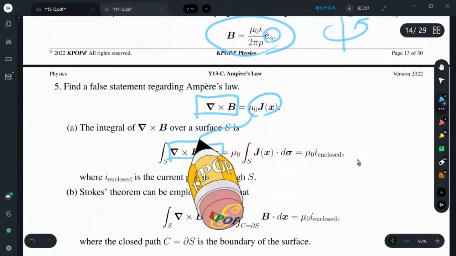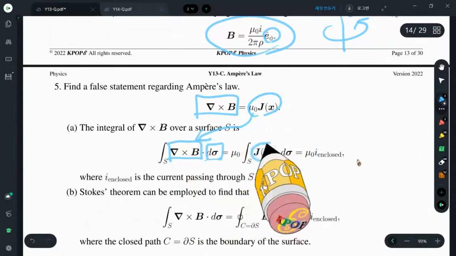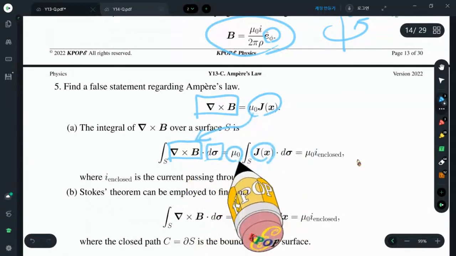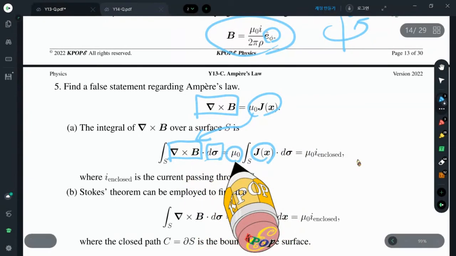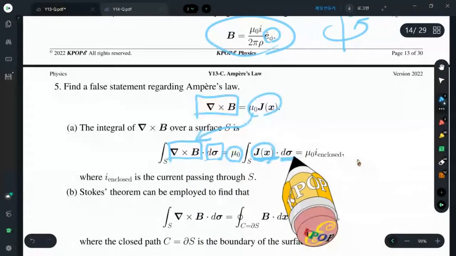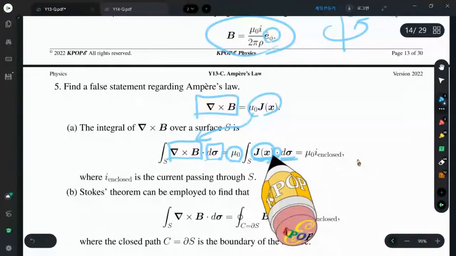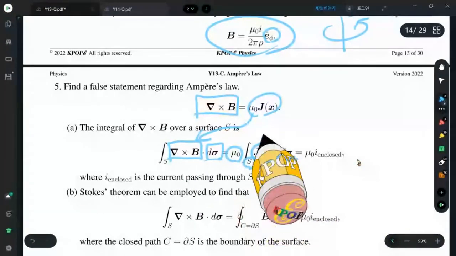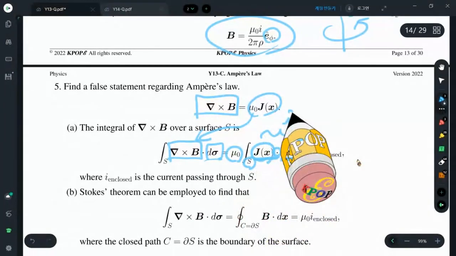And if we substitute this one in here, current density multiplied by mu 0, and current density as a scalar product with the surface, what's that? This is current.